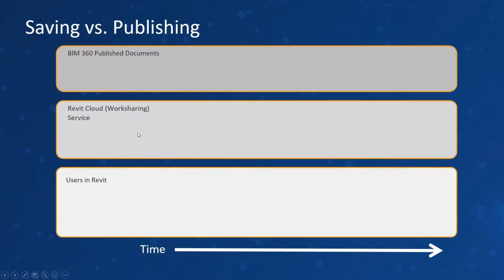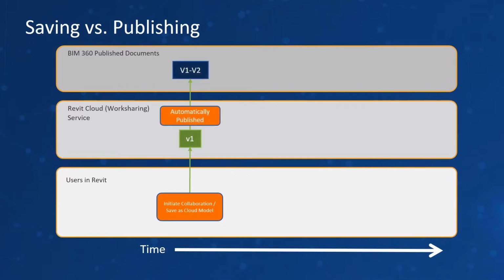And what they're going to do is save to the Revit central file in the cloud. And so the first time we do that, we're going to initiate collaboration. Obviously, we're going to create a central file. We're going to create a local file. The central file is being created, but this is actually invisible to everyone that is using BIM 360 Docs.